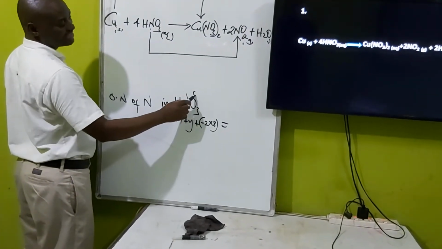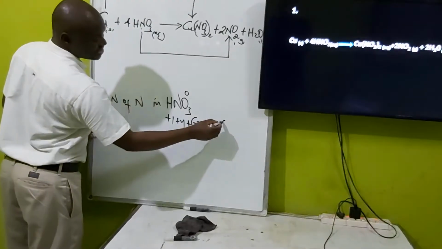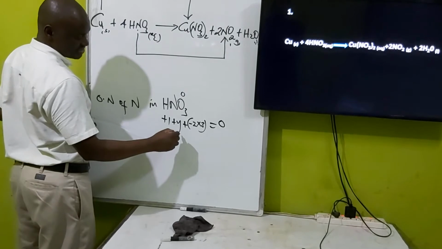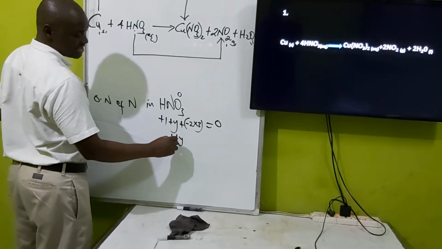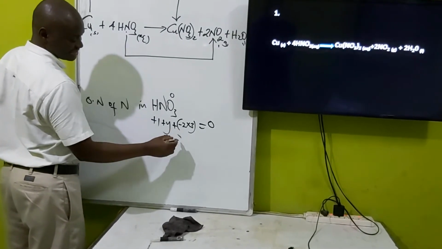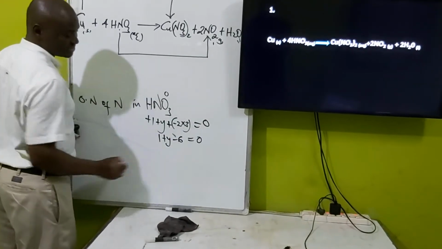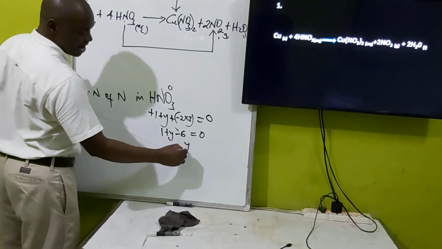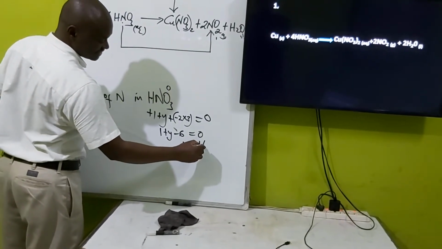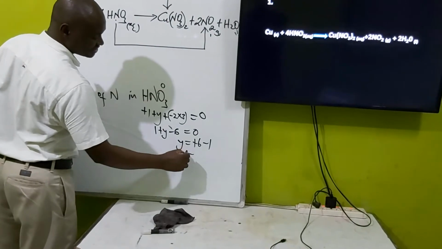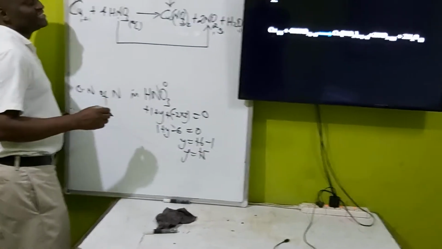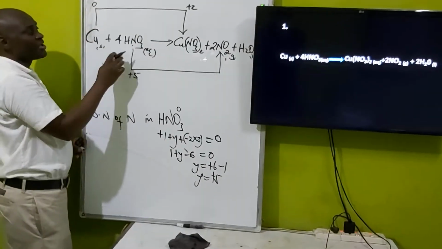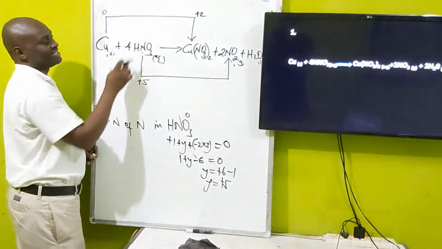This compound has a 0 charge, so we equate it to 0. So we will have 1 plus y minus 6 is equal to 0. Then y is equal to positive 6 minus 1, y is equal to 5. So here nitrogen is positive 5. That's why we call it nitric 5 acid.